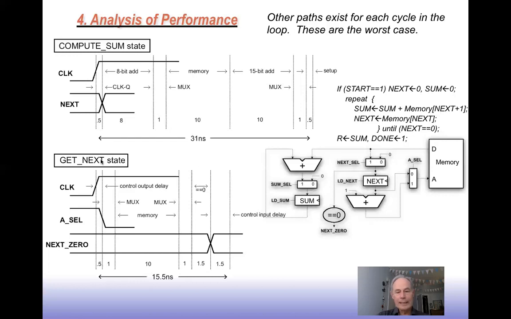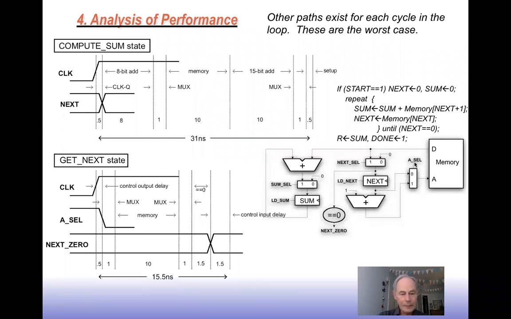If we look at get next, which is this state here where we do next gets memory of next, here's the analysis of that one. So here's the rising edge of the clock. And then this would be a change in the controller. So here we have a 0.5 nanosecond delay to get the signal out of the controller, this A select signal. Right.